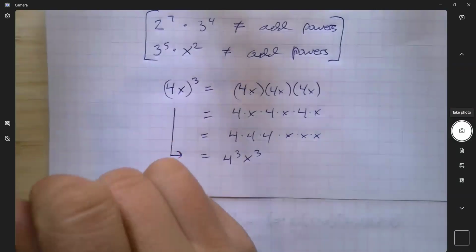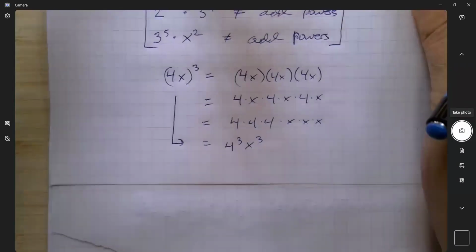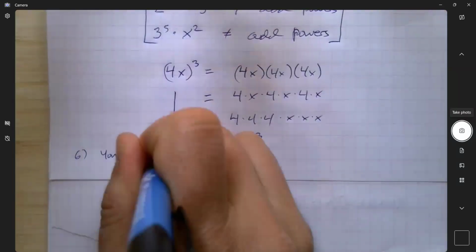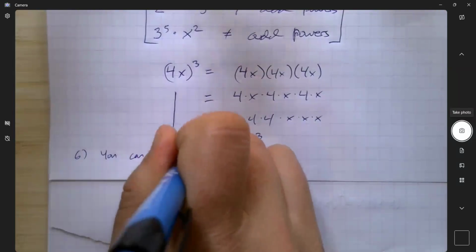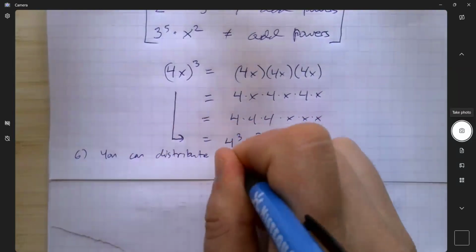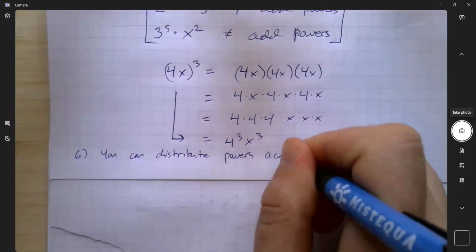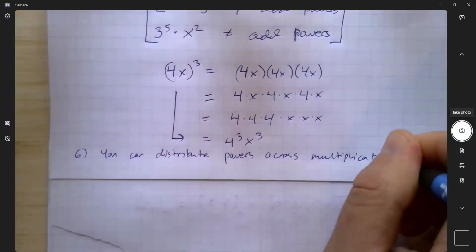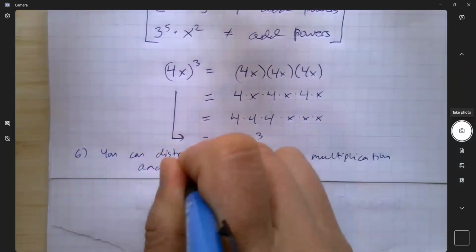So this rule, which is rule 6, you can distribute powers across multiplication and division, actually.